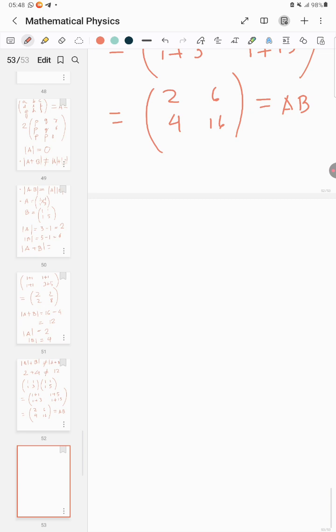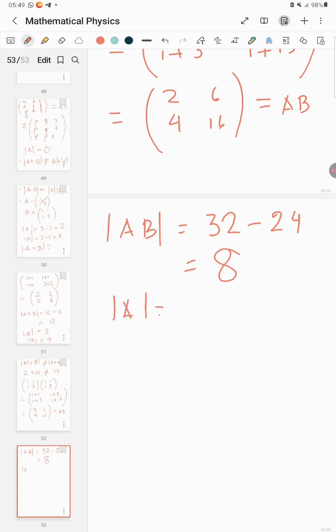Now determinant of AB would be 16 2s are 32 minus 6 4s are 24, which is equal to 8, right? So now see, the determinant of A was 2, determinant of B was 4.